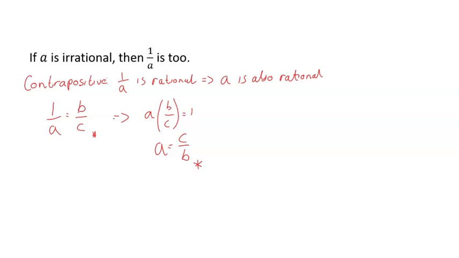That hasn't changed at all, so b and c here still have no common factors. Writing a then as c over b means it's a rational number as well. So if this one's rational, this one's rational. My contrapositive statement holds, so the contrapositive is true. And what that then means is my original is also true.